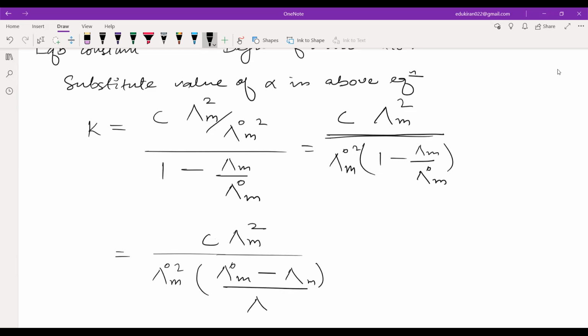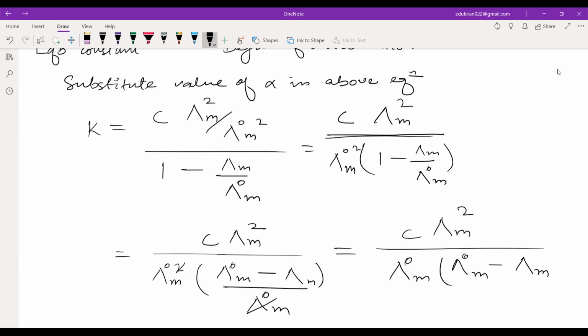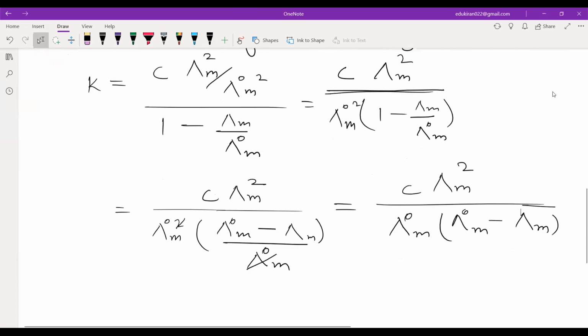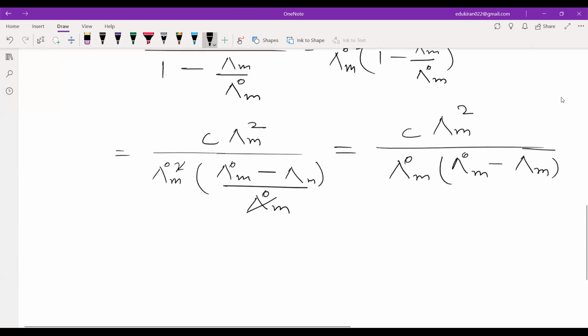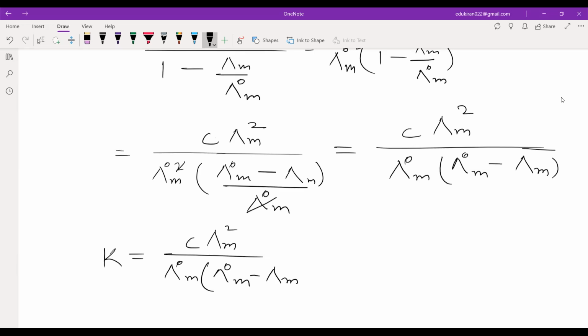The whole divided by lambda naught m. Now from here, one lambda naught m and this square can be eliminated, and this will be C lambda m square upon lambda naught m into lambda naught m minus lambda m. Okay. So write the final equation, that is K is equal to C lambda m square upon lambda naught m into lambda naught m minus lambda m.